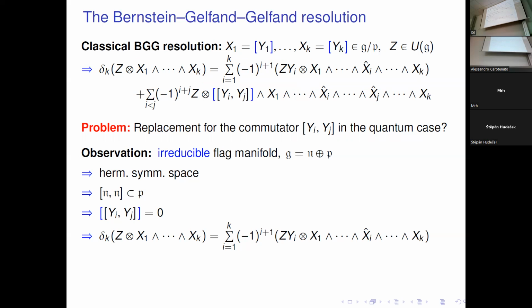So these commutators, which are not actually quantum commutators, act trivially. We can just kill them. For the irreducible case, all these things don't appear. And if you keep the first line, this still gives you a Bernstein-Gelfand-Gelfand resolution. This is a quantum Bernstein-Gelfand-Gelfand resolution, much simpler because all the other complicated terms disappear.